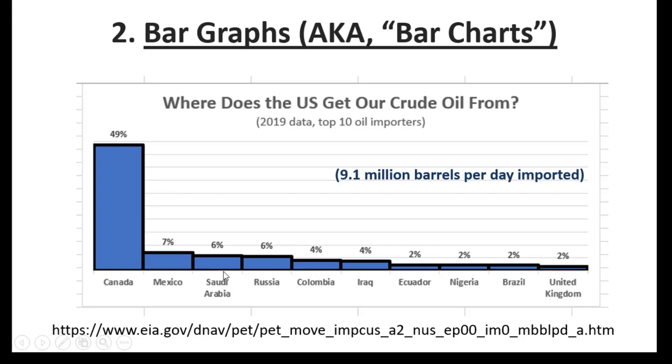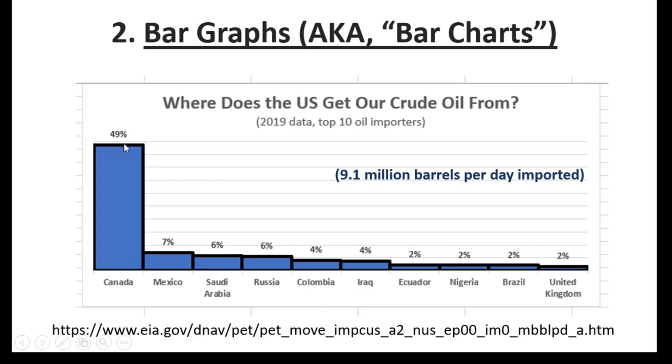In the top 10, we import from a lot more than these 10, but these 10 represent 90+% of the oil. 10% of our oil comes from places you might associate with traditional oil images of sheiks out in the desert standing next to an oil derrick. Half of our oil comes from Canada.